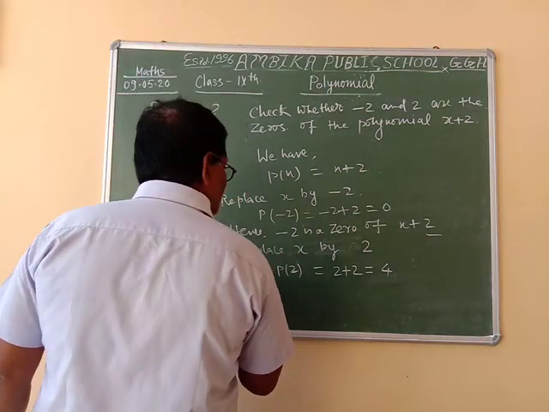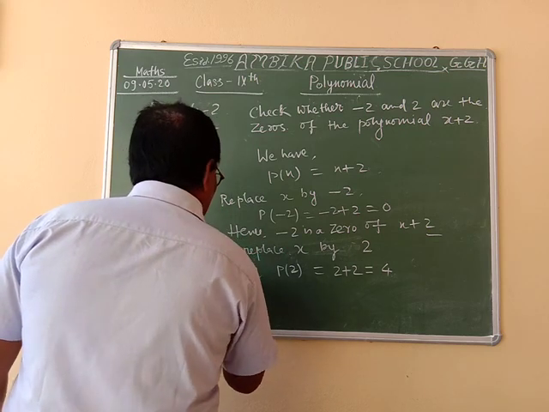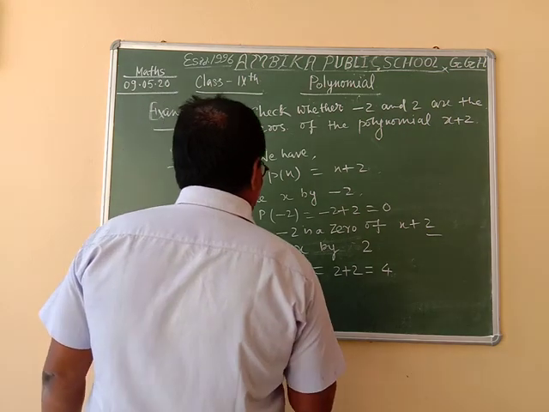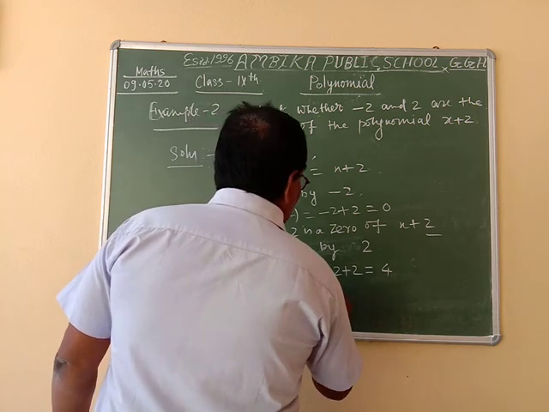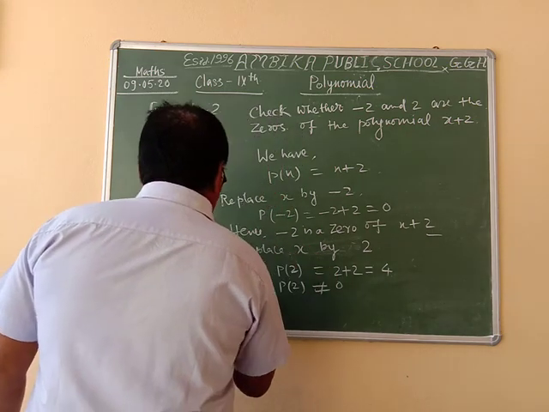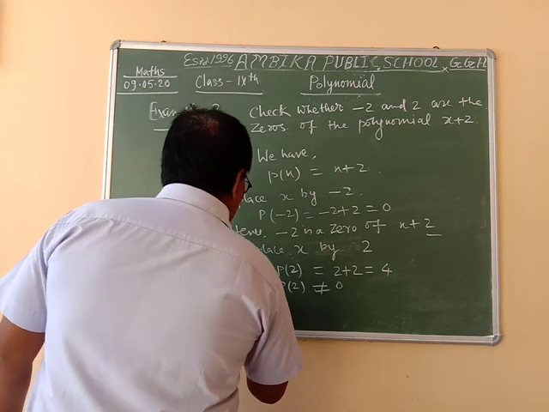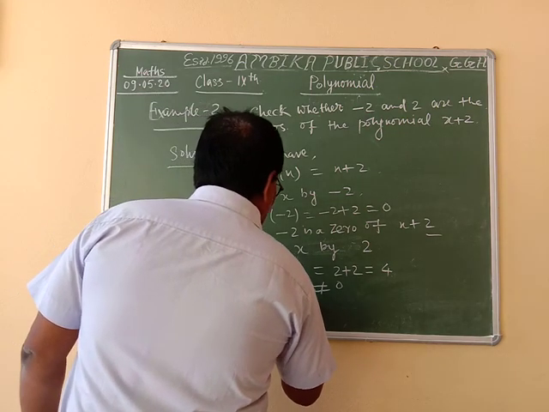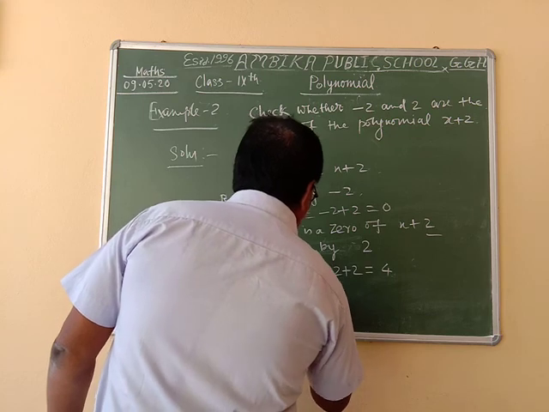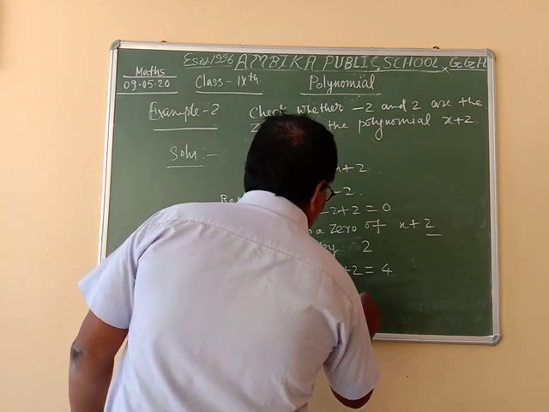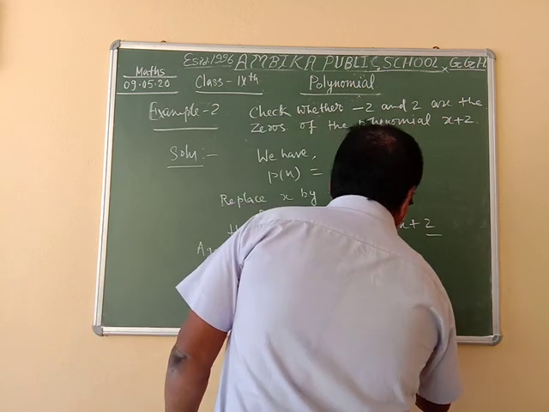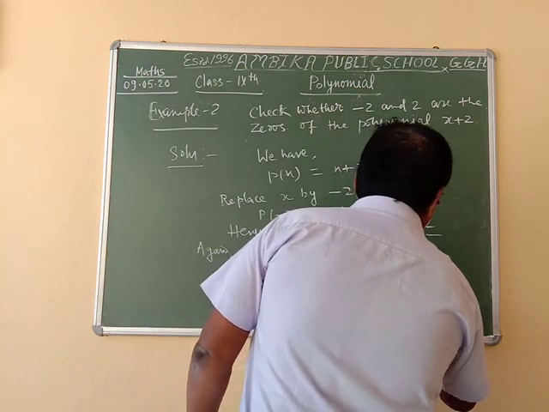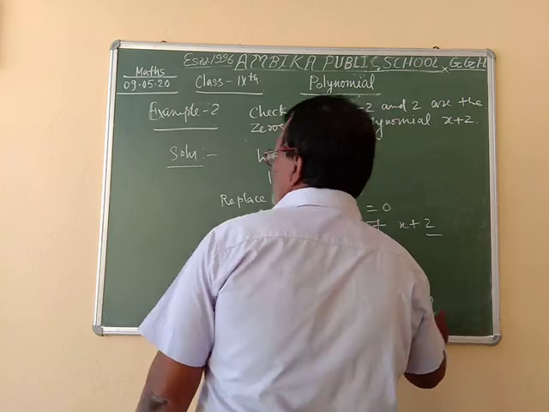Here P(2) is not equal to 0, so 2 is not a zero of the polynomial.